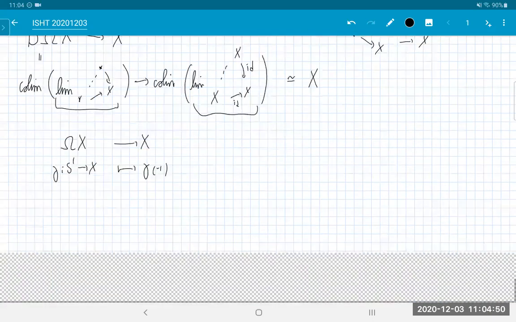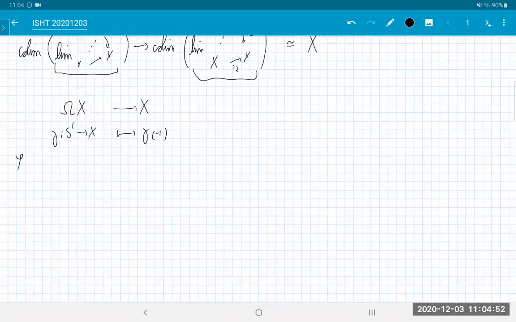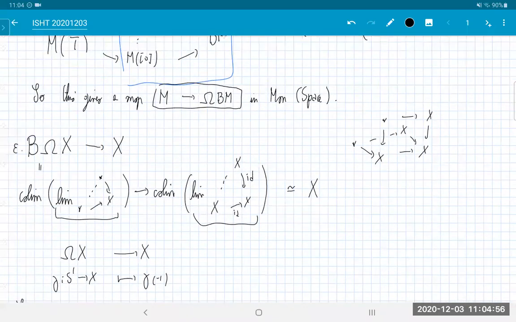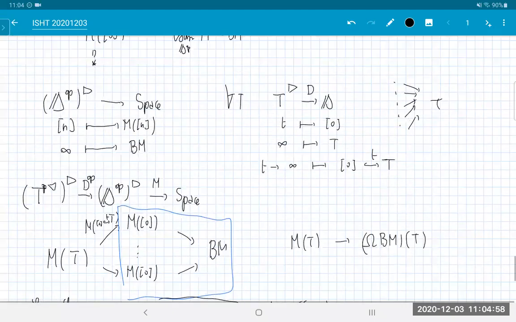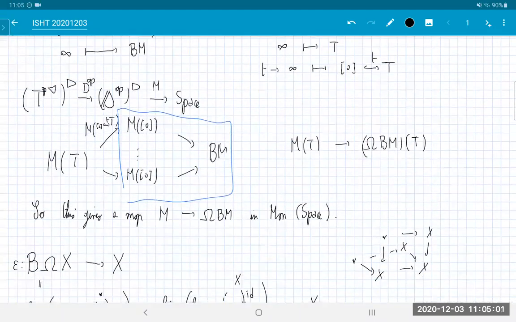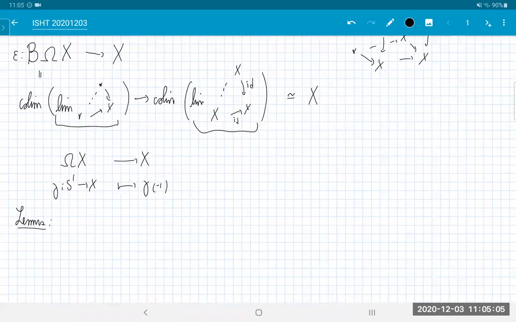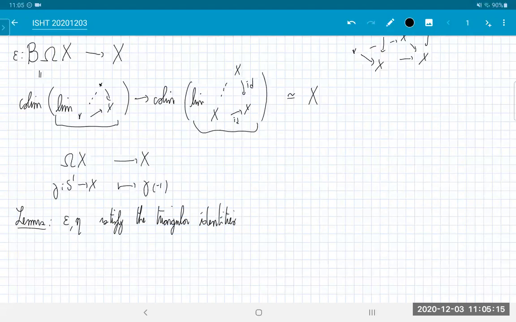Okay. So lemma, actually, let me give a name to these maps. This is going to be the co-unit, so let me call it epsilon. And this map here is the unit, so I'm going to call it eta. So epsilon and eta satisfy the triangular identities for an adjunction.